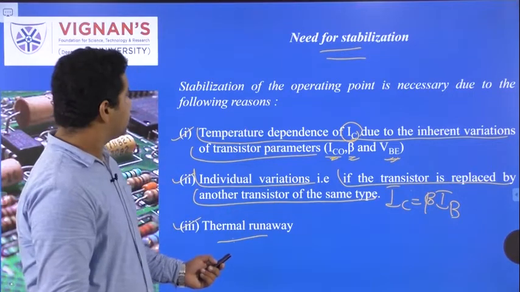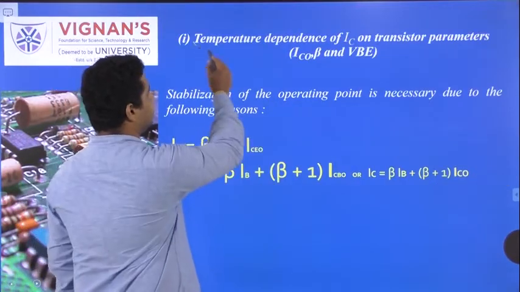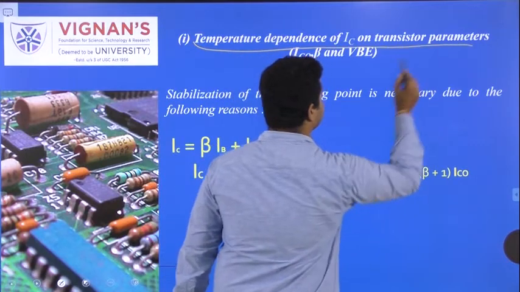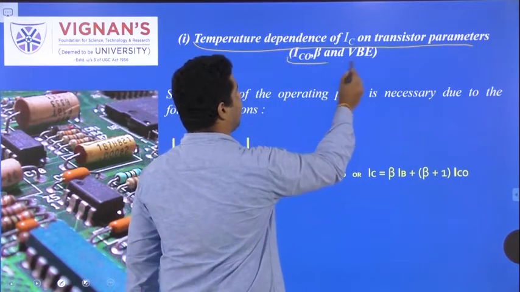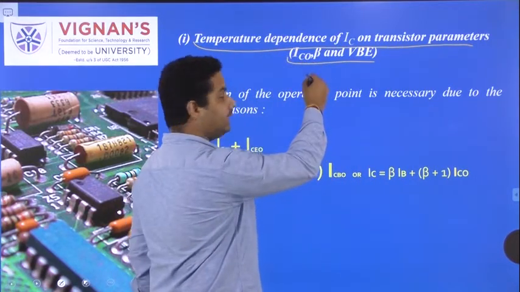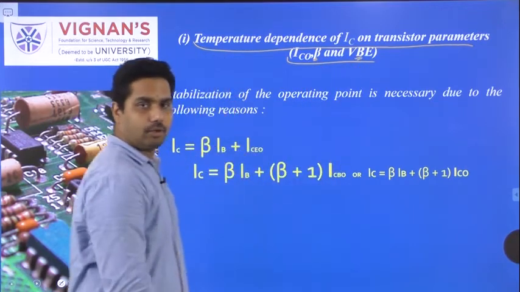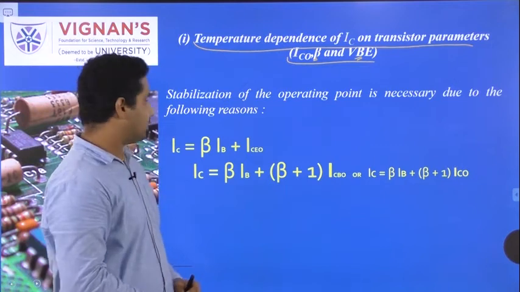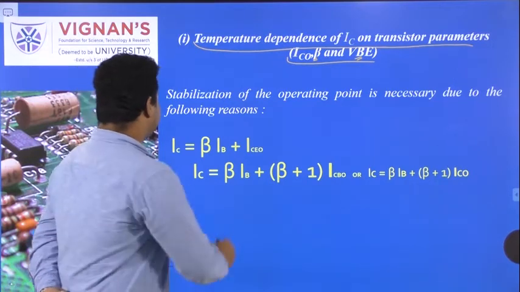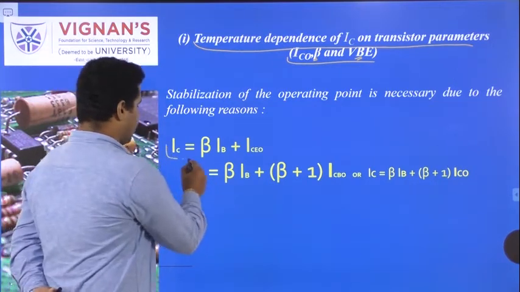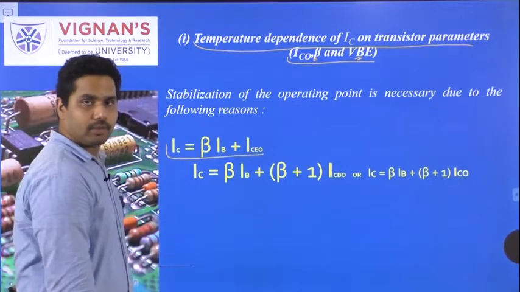Okay. So the first one is temperature dependence of collector current on transistor parameters IC naught, that means the leakage current, then beta and VBE, the voltage between base and emitter. So this is the total collector current equation of a common emitter amplifier.